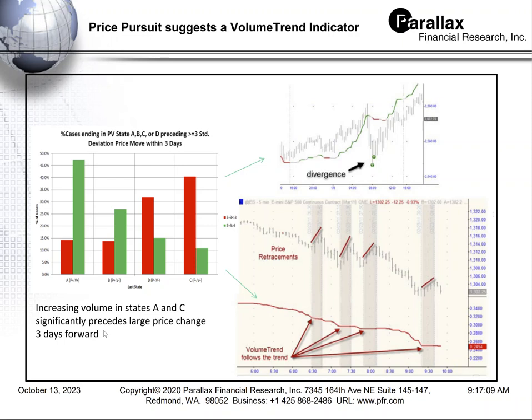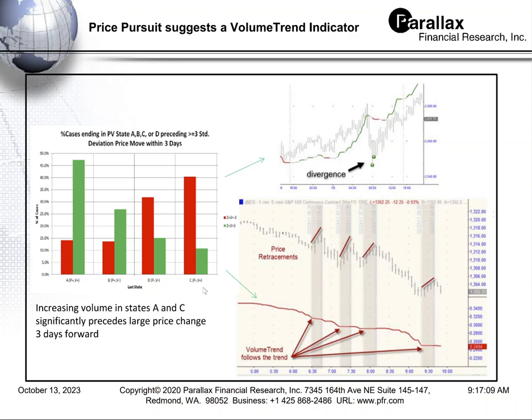We looked at what happens 3 days forward after you have a state A or a state C. This graph shows that the largest 3 standard deviation or more up moves occur with price up and volume up days preceding. So in the 3 days before the big event, you had price up with volume up, and very few events that actually went down 3 standard deviations had that setup.